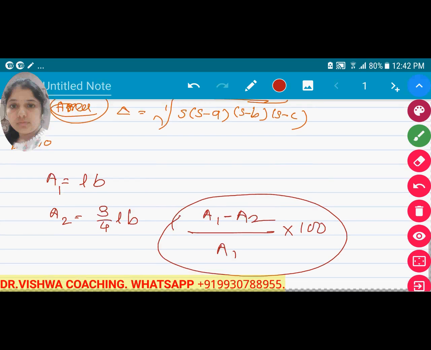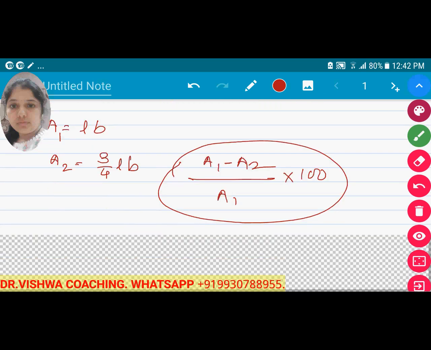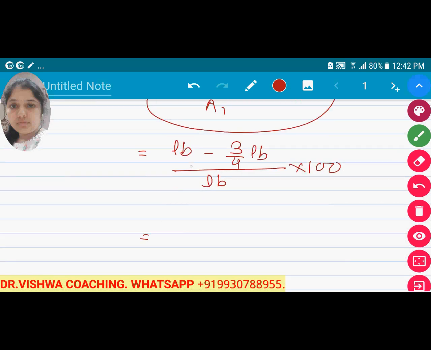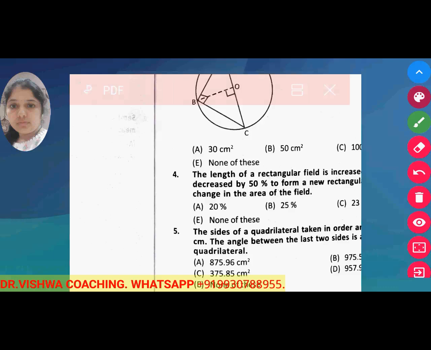Now put the values. A1 is LB minus 3 by 4 LB upon LB into 100. LB we took common, so LB will get cancelled. 4 minus 3 upon 4 into 100. So 25 multiplied by 1, so it is 25% change in that rectangular field. Understood?